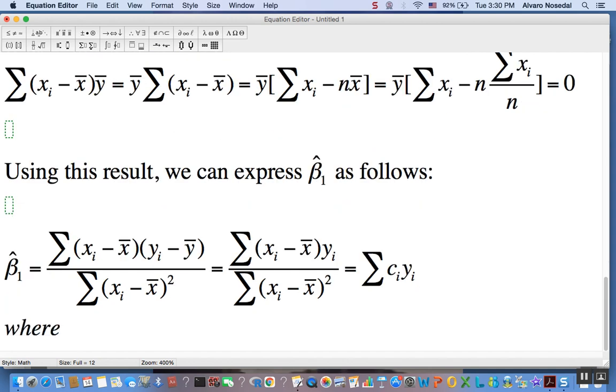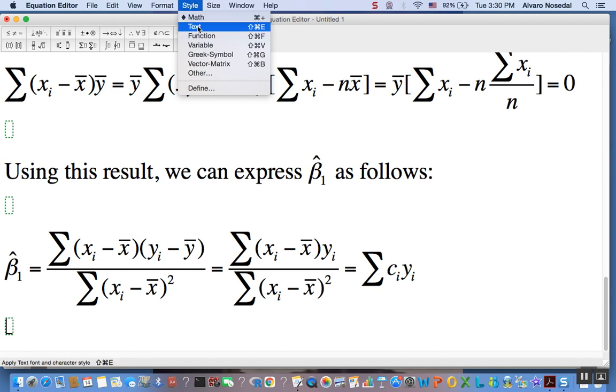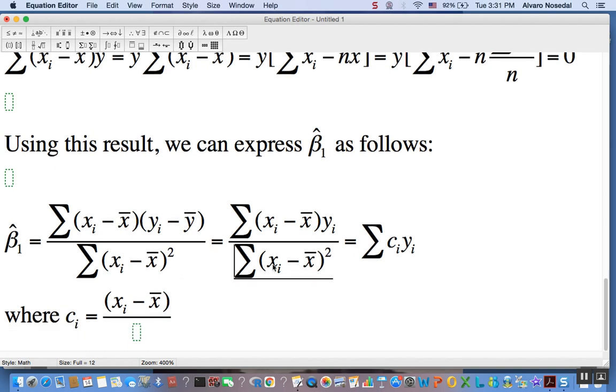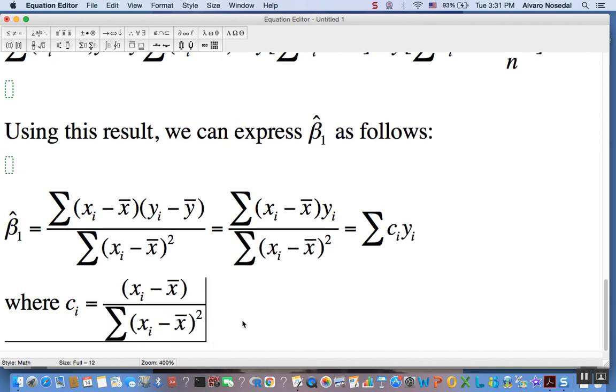Okay, let me just be super specific about what the ci's are equal to, where ci, as I said, is going to be xi minus x bar divided by this Sxx, or the sum of the xi's minus x bar squared.